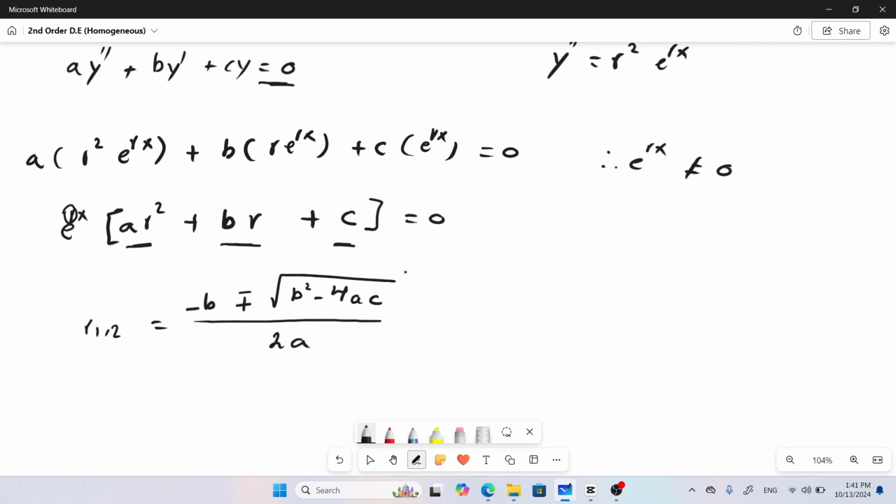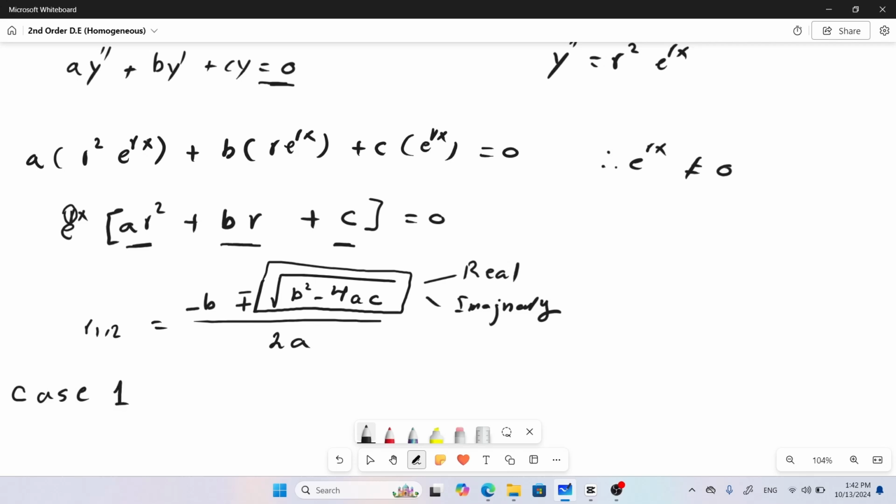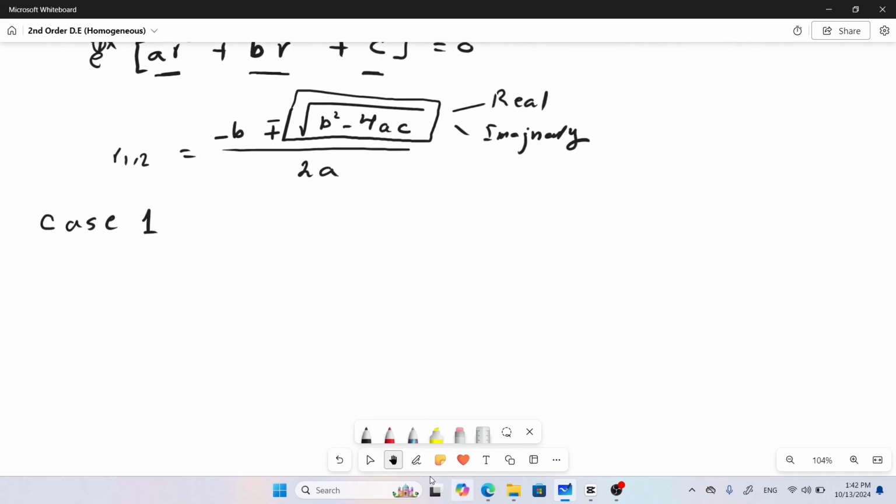Now, the term under the square root in the quadratic formula decides if the roots are real or imaginary. So in our case, case 1: let's just take the term b squared minus 4ac.